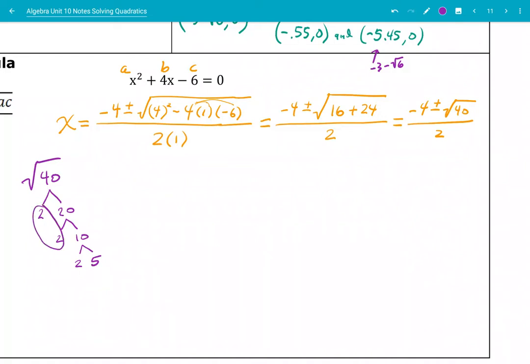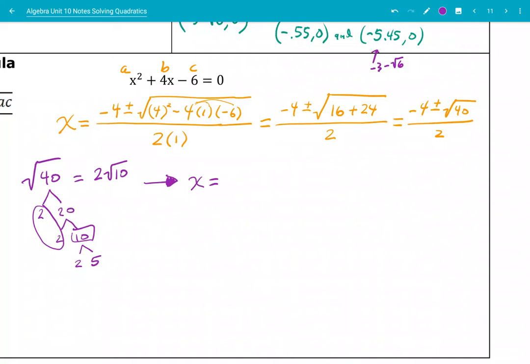So here's a couple of 2s. I can pull those out. So that leaves me a 2. But these 2 don't match, so I'm going to have to take this guy. So this is 2 square root of 10. So my next step, I can use that instead.